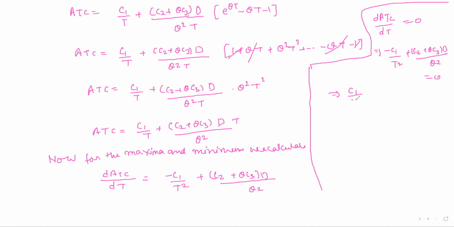From here, t square equals 2C1 upon d times C2 plus theta C3.